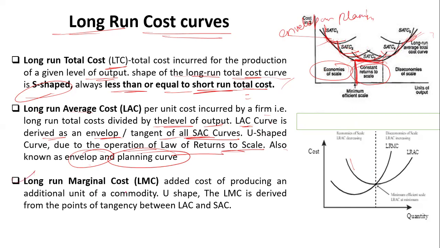The long run marginal cost is the added cost of producing an additional unit of a commodity. The LMC is U shaped, derived from the points of tangency with the SAC.